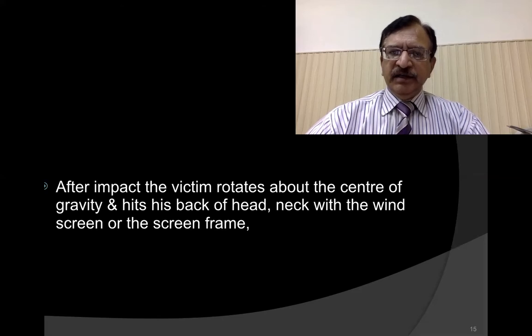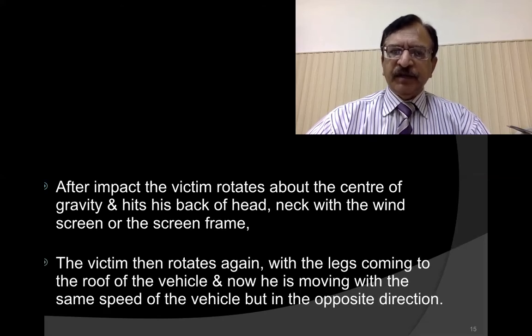The back of the head and neck will strike the windscreen. The victim then rotates again, the legs come to the roof, and if the speed of the vehicle is high, the person will fall in the opposite direction, at the rear side of the vehicle.